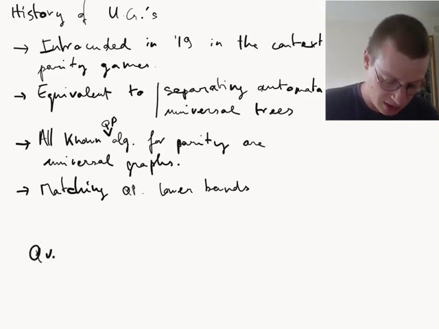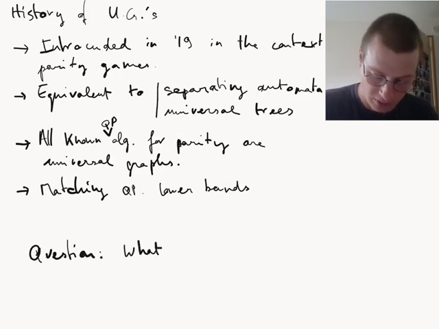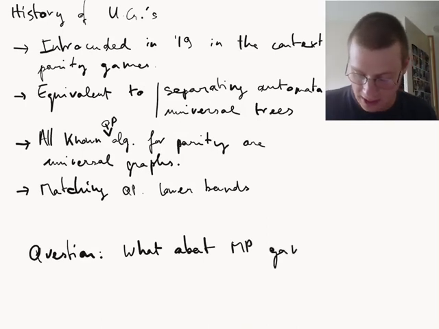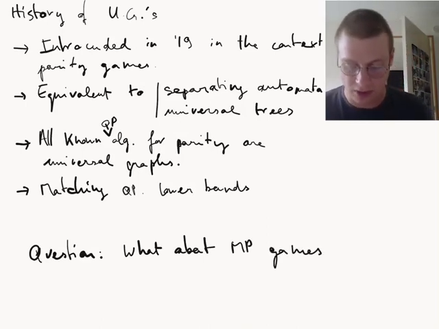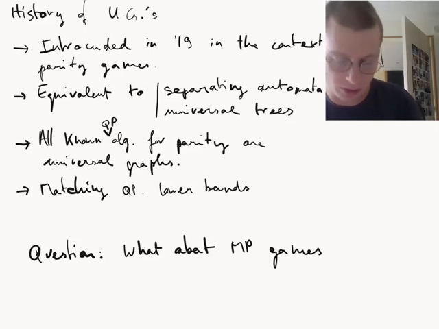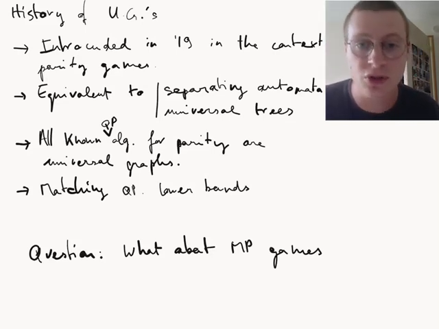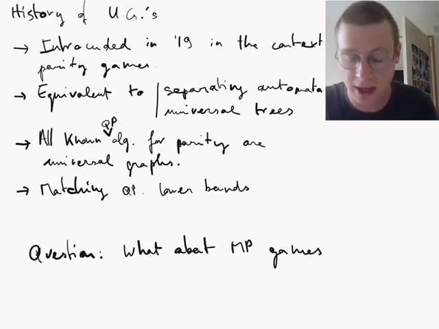Now this raises a question: what about mean payoff games? What we show in our paper, and what we're going to discuss right now, is that basically the same story is also true for mean payoff games.